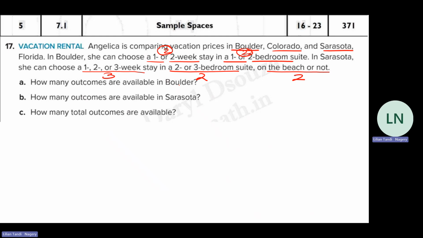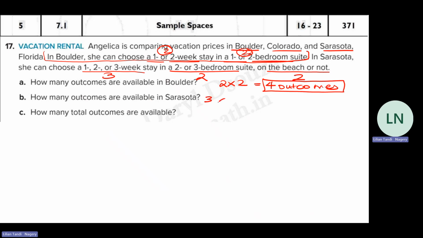How many outcomes are available for Boulder? 2 times 2. These are the numbers for Boulder right here. So she has 4 outcomes. How many outcomes does she have for Sarasota?